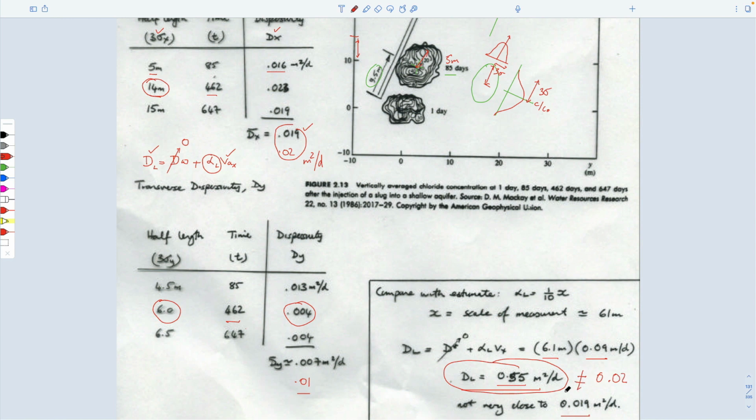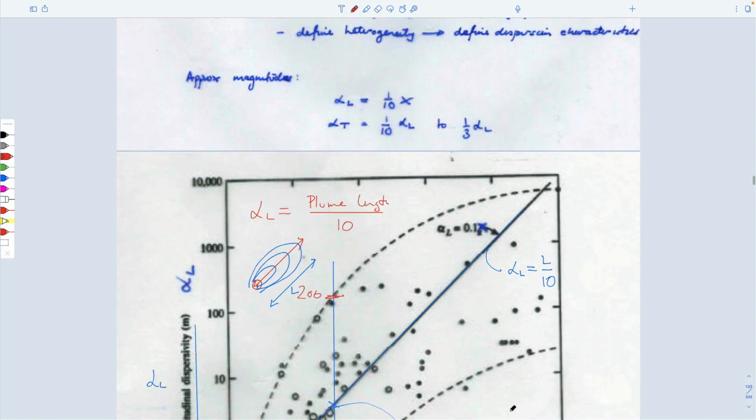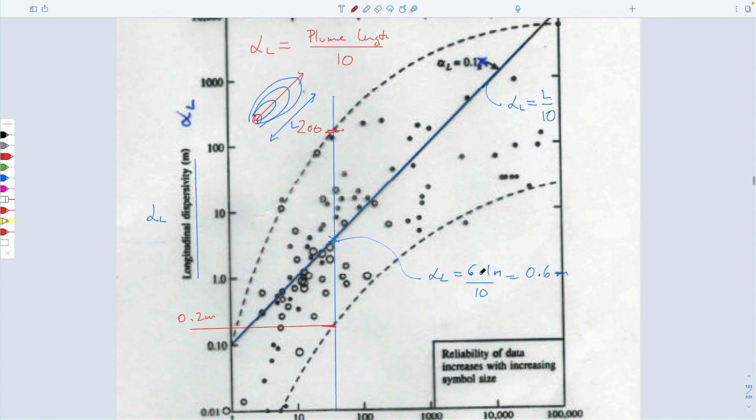So it's not very close, and I guess the reason is because using that approximation, useful as it is in terms of defining the process, it's not really related to the porous medium so much as the scale of the plume, so there's a big spread on the predictions that would come from that itself. So using the mean value is fine, but it could have a spread roughly an order and a half of magnitude on either side of that.